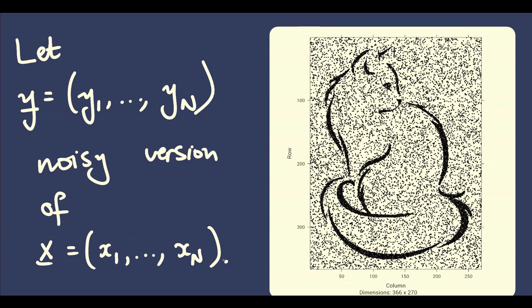If I'm in an area which codes the outline of the cat, my pixels will be 1 and I'll be surrounded by 1s. If I'm in an area which encodes the border, the pixels will be 0 and they'll be surrounded by 0s. When we receive the image, we see y, but what we really want to do is recover what x was before the image was sent. So whenever you're ready, go over to the next video and we'll discuss how to do that.